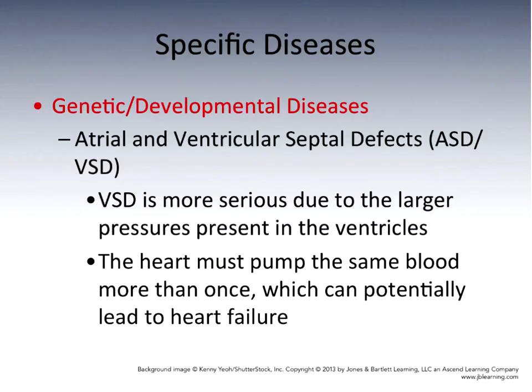The problem is more serious when the defect is such that the pressure on the right side is more than on the left. So if the pressure on the right is more than the left, the non-oxygenated blood from the right heart that is supposed to go to the lungs and oxygenate will be pumped through that hole in the ventricles into the left heart.